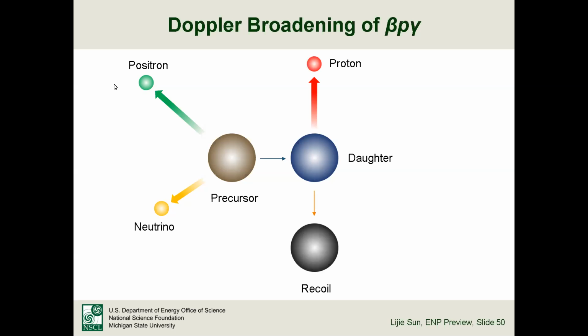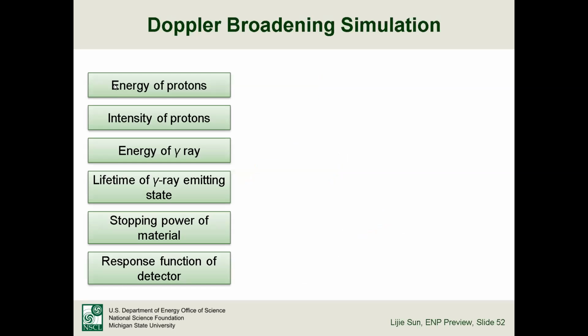If a gamma ray is emitted while the nucleus is still recoiling, it will be Doppler shifted in the laboratory frame. So for an ensemble of such events, the resulting gamma-ray line shape in the spectrum will be Doppler broadened.